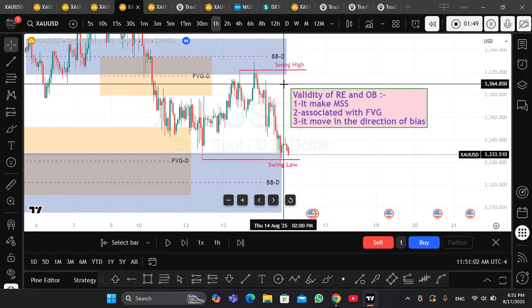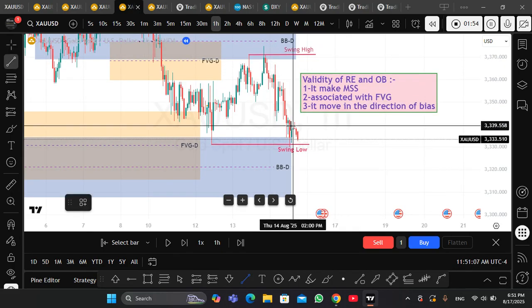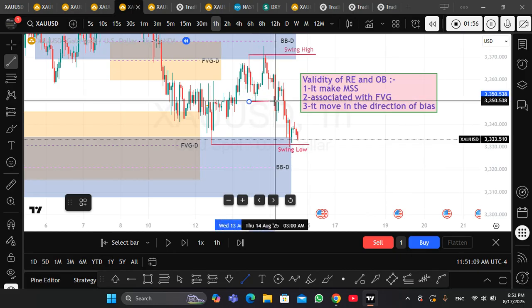When the price is moving down, we are waiting until the price makes this market structure shift.